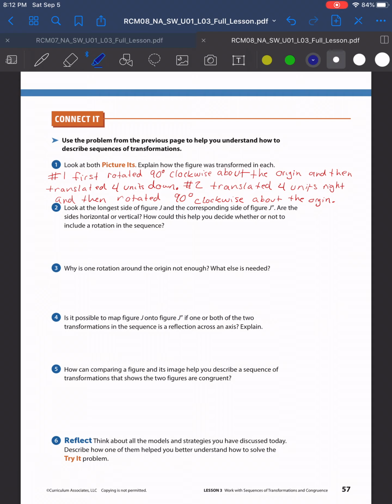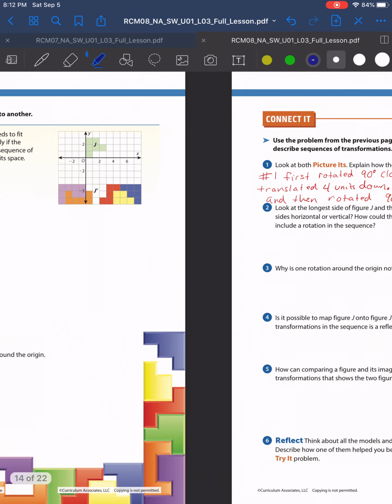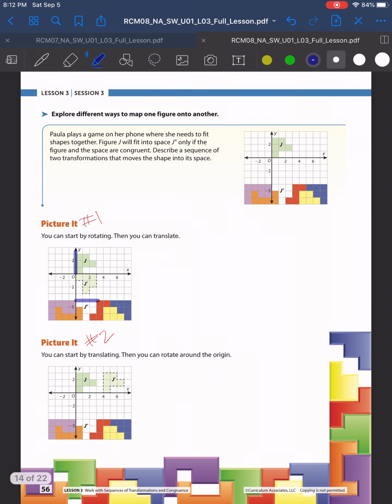How could this help you decide whether or not to include a rotation in the sequence? Well, the side starts out vertical and then it rotates horizontal. So if you didn't know that this figure rotated to get to that spot, you could use those sides and say, well, how on earth does the side go from being vertical to horizontal?